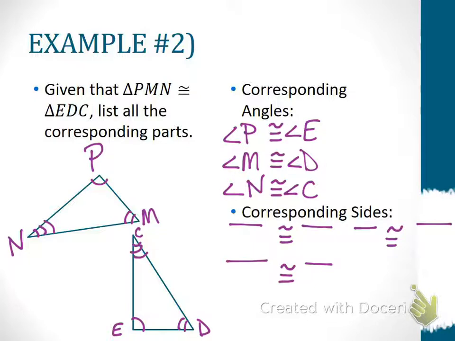We just match them up. Sides should also be pretty easy. Who can give me a pair of corresponding sides? PM and ED. So both of those letters came first. PM, first 2 letters. ED, first 2 letters. PM, ED. Okay, another one.